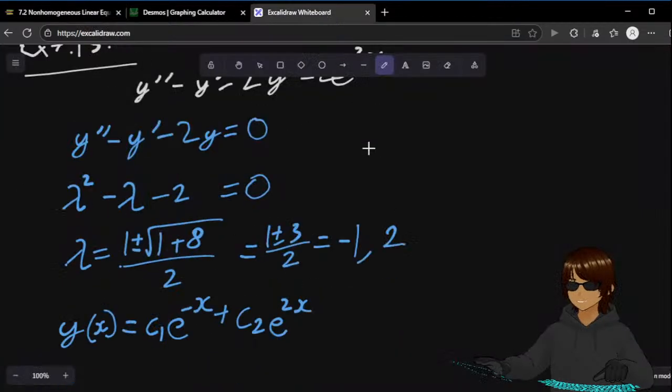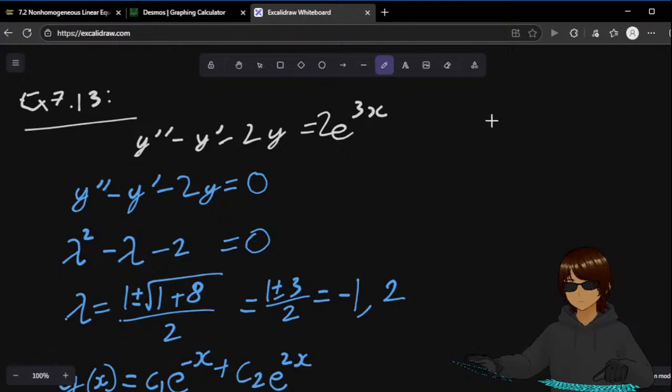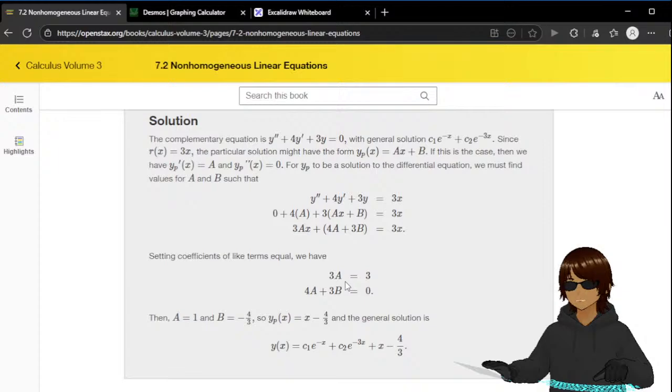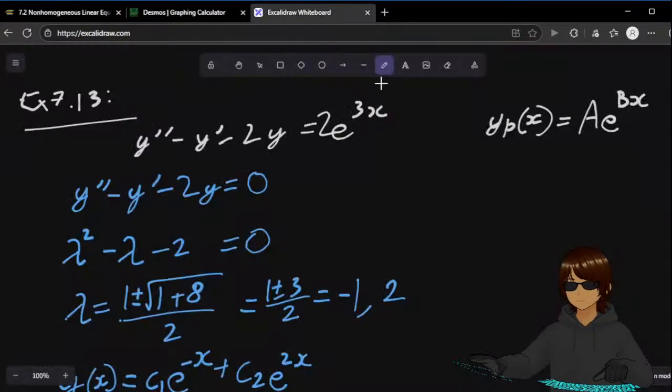So are they saying that there's a particular solution which is of the form a e to the power of bx?